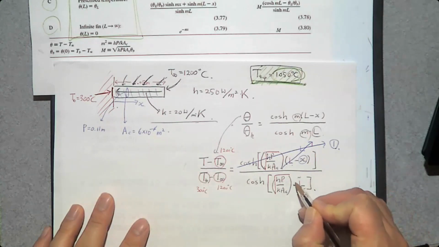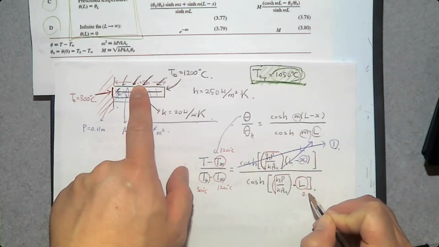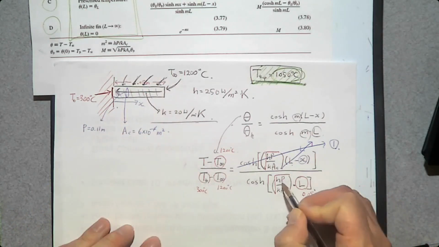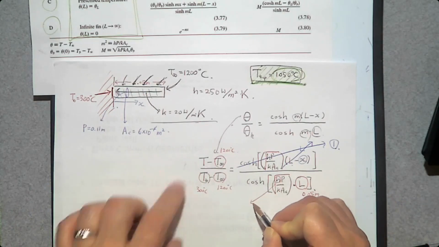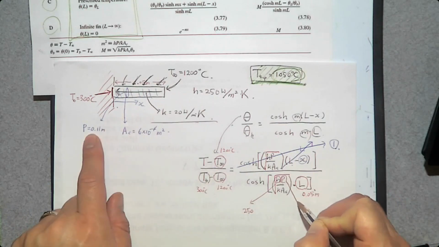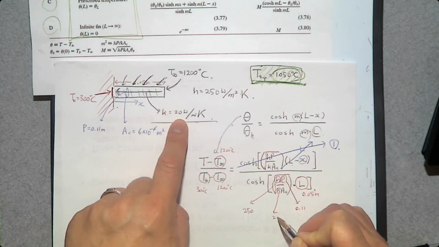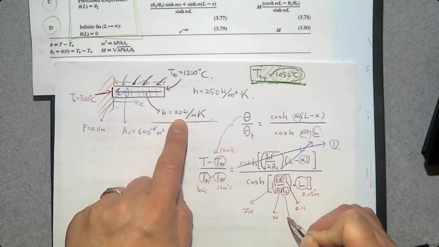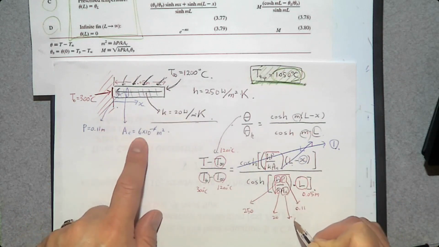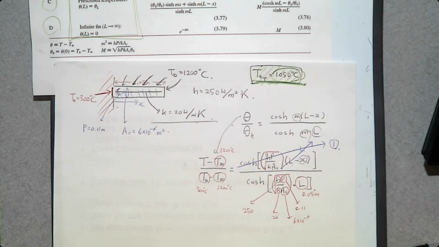What about here? L is going to be 0.05 meter. h is 250. Perimeter is 0.11. Thermal conductivity is 20. Cross-sectional area is 6 times 10 to the minus 4. So we have everything. Can we determine the temperature? Yes, we can.